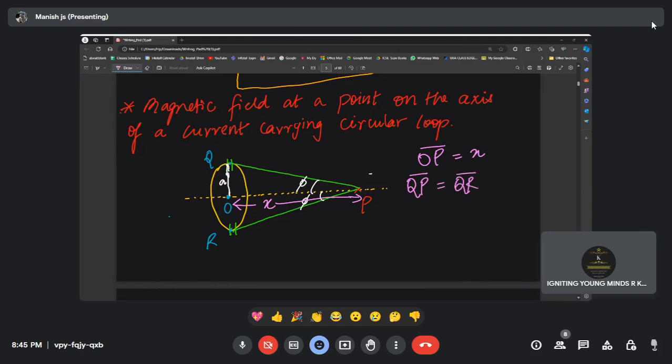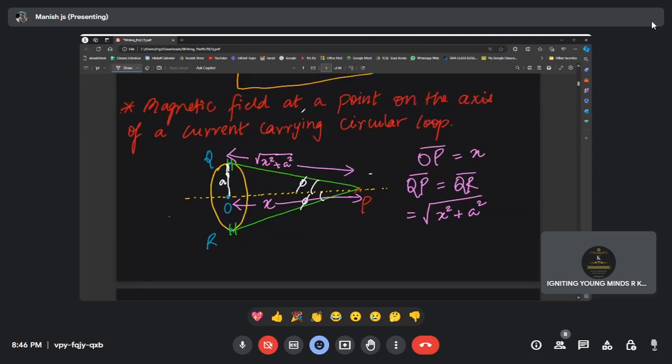You can see that they are forming two right angle triangles, so you apply the Pythagorean rule and you will get the value of QP and QR. It is under root of X square plus A square. So this length is root of X square plus A square. QP and QR are both the same. These are the lengths.